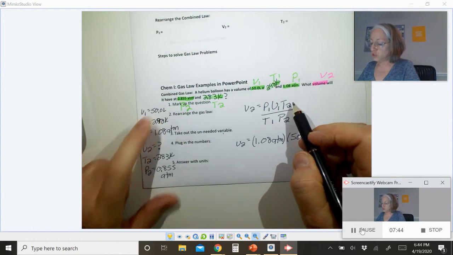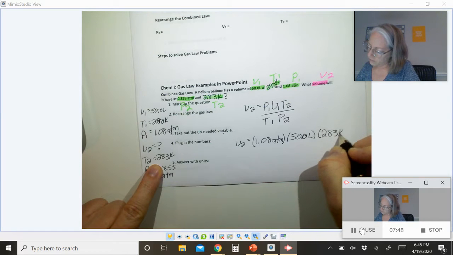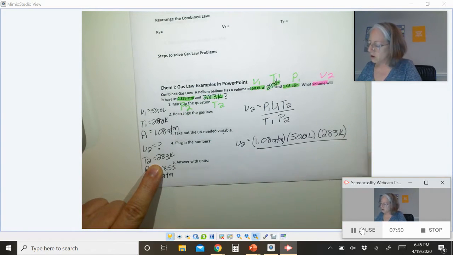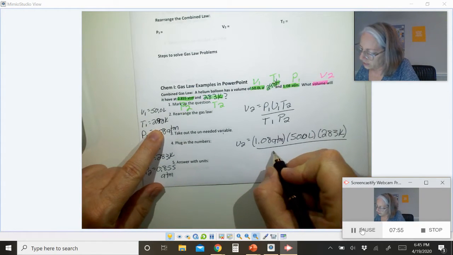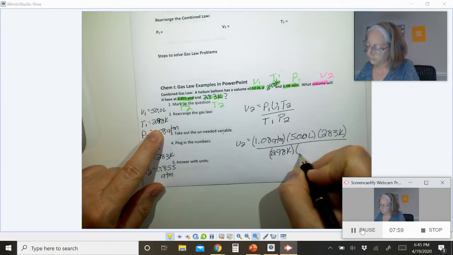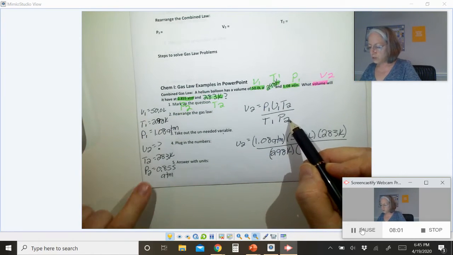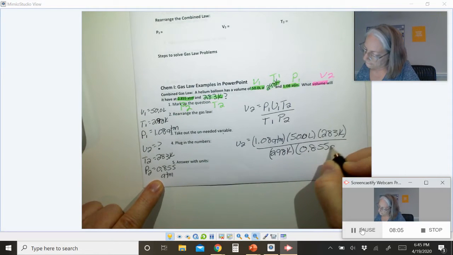And T2, down here from the bottom, 283 Kelvin, all over T1, 298 Kelvin. And then P2 is also on the bottom, 0.855 ATM.